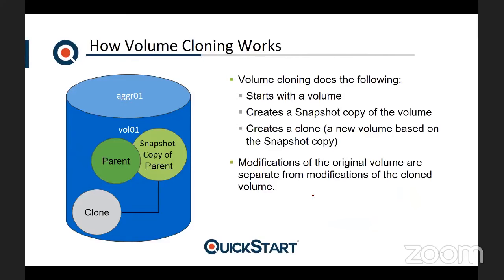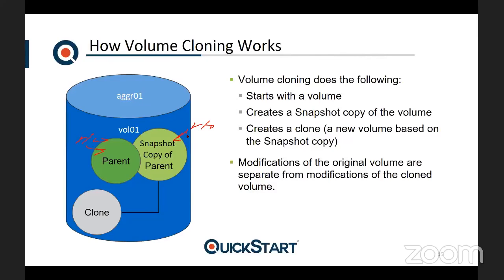So remember we talked about the fact that the active file system is read-writable when I connect to it. So that's what we're calling the parent volume here, right? That's where my production content is. And if I were to mount a snapshot, like browse to those snapshots that I just showed you in the file system, it's read-only. So I can't make any changes through the snapshot.